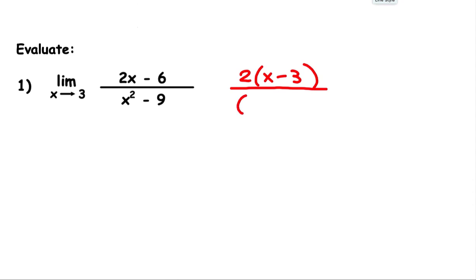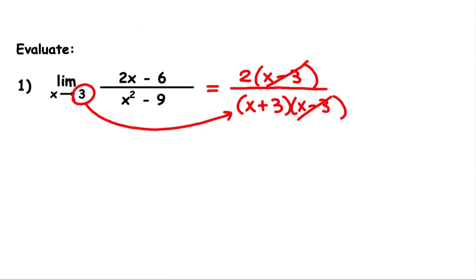In the denominator, I'd realize, oh, that's a difference of 2 squares. The x minus 3's could cancel away, leaving me with 2 over x plus 3. Remember, we now can just plug the 3 in safely, and you get 2 over 6. And of course, 2 over 6, we all know that is 1/3 when we simplify, and that would be the limit.